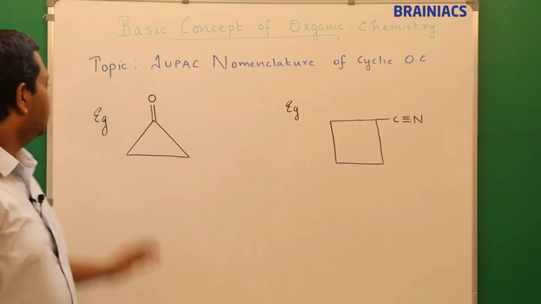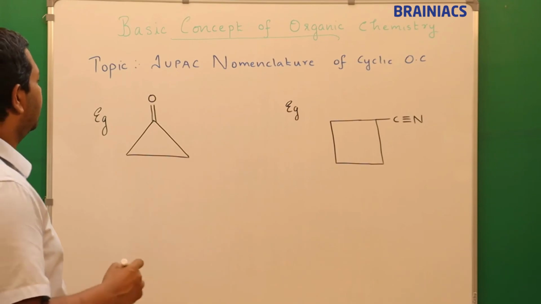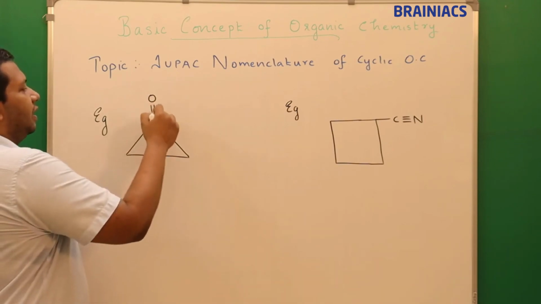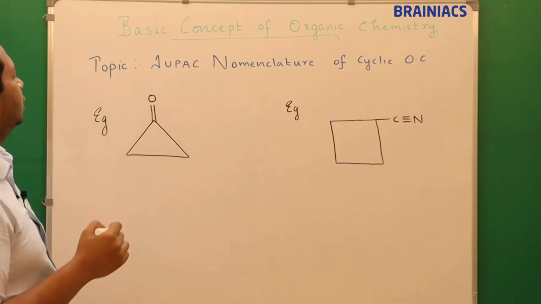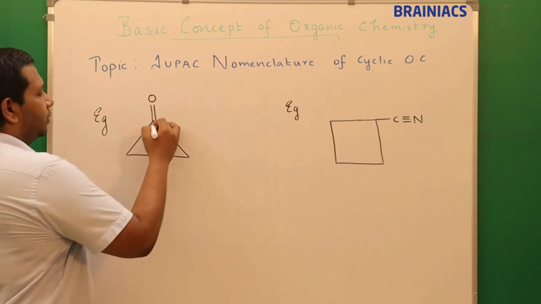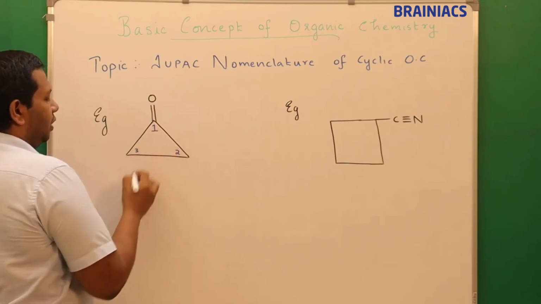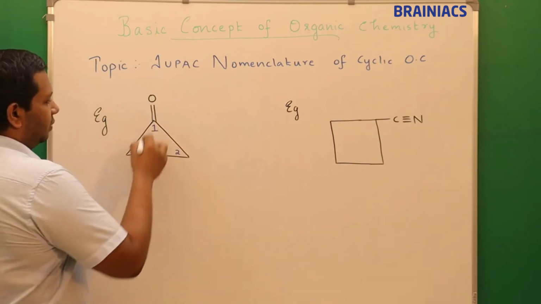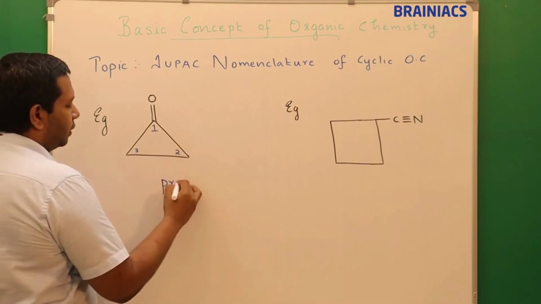Very simple. So you have the next example in front of you. Here I could see there is a ketone group. We know that when the keto group is there, it should get the lowest priority, so it should be 1, 2, 3. So how to name this? The parent chain has 3 carbon atoms, so I will put prop.